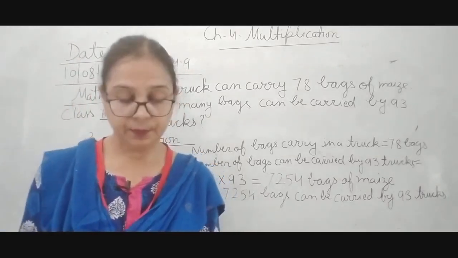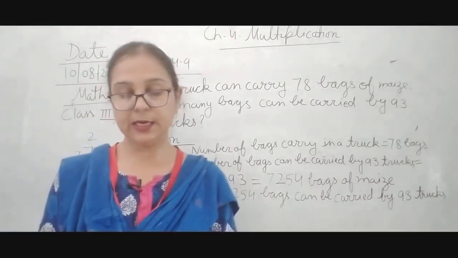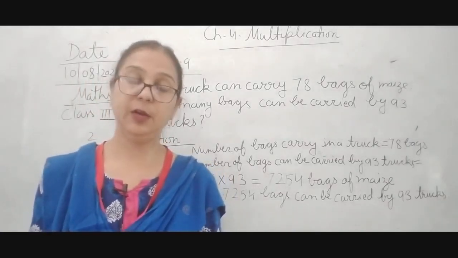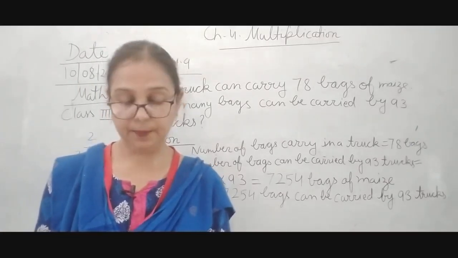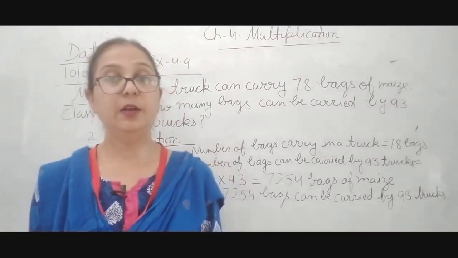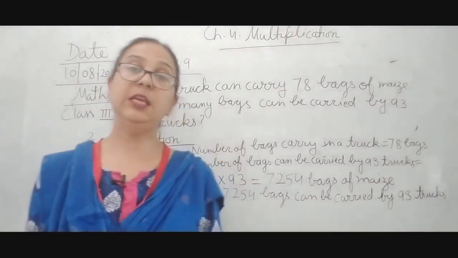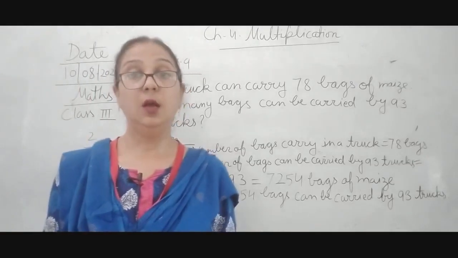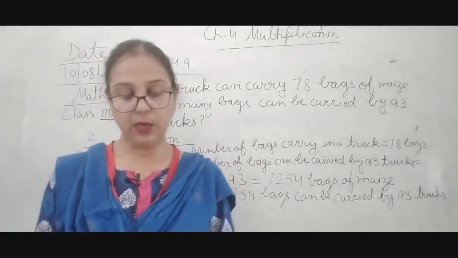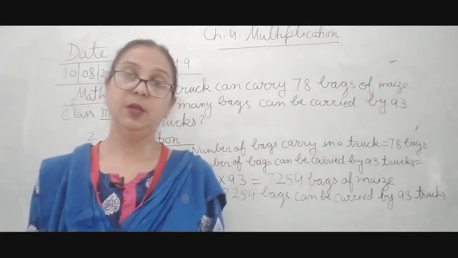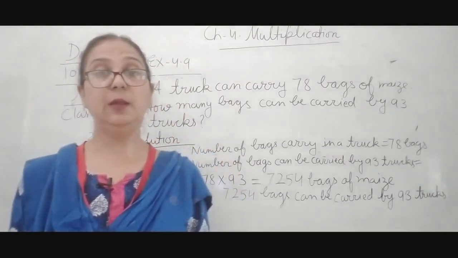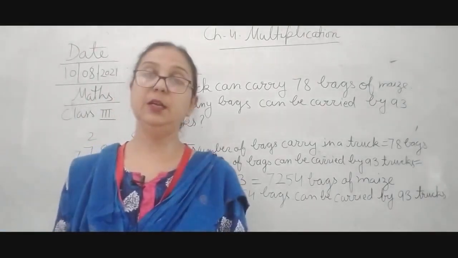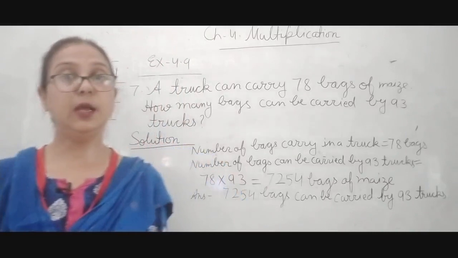It means each student has collected 125 rupees for Prime Minister Relief Fund. So if a single student has collected 125 rupees, how much money did they collect in total?